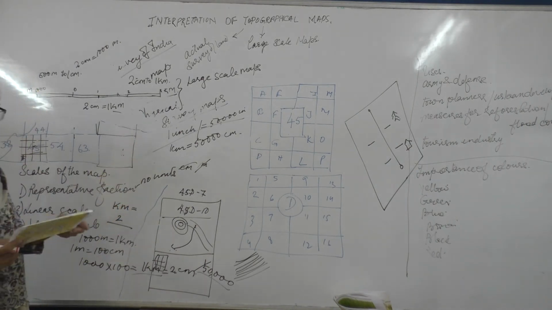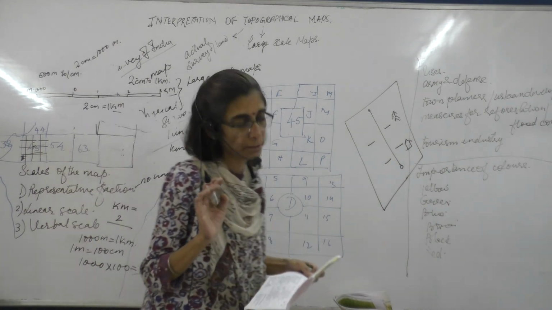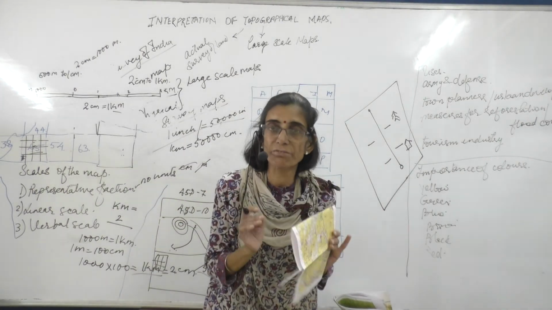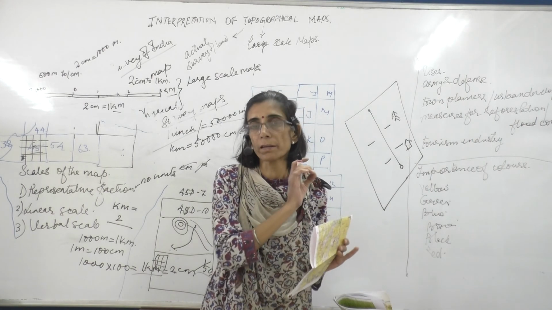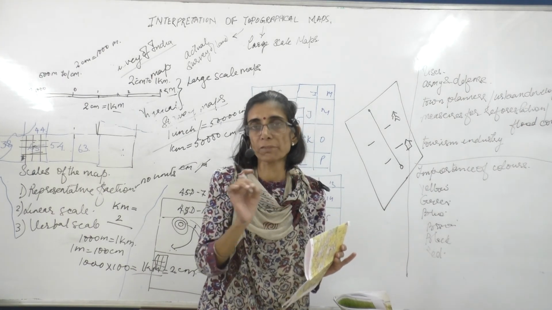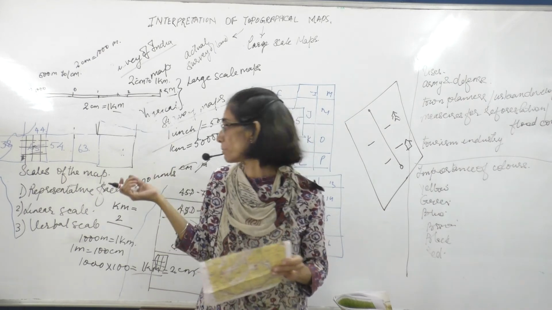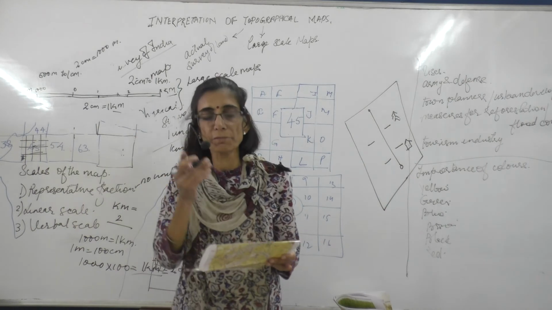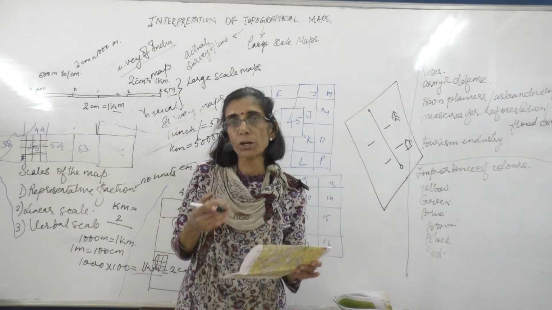You need to know what is the scale of the map. If they ask you the question, you need to define the scale of the map: the measurement of the area on the ground to the measurement of the area on the paper. How much of area on the ground is represented on the paper.